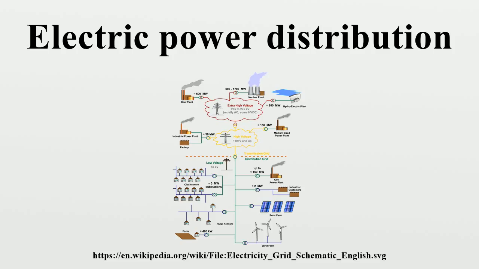Distribution industry. In the first half of the 20th century, electricity providers were vertically integrated, meaning that the same company provided power generation, transmission, distribution, and metering and billing. However, starting in the 1970s and 1980s, nations began the process of deregulation and privatization, leading to electricity markets.